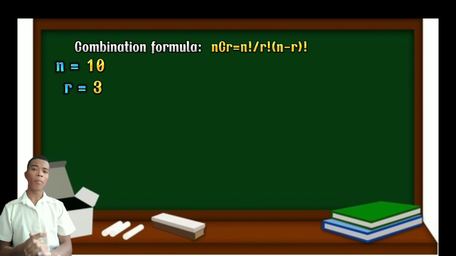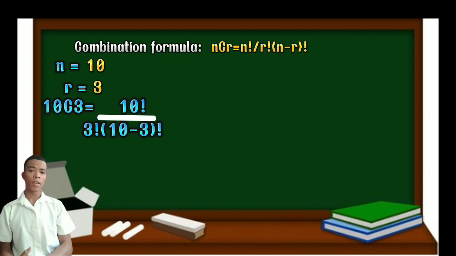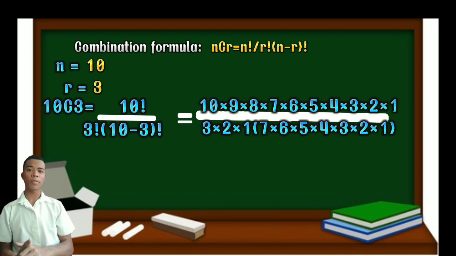Then it becomes 10C3 equals 10 factorial over 3 factorial times 10 minus 3 factorial. So 10 factorial is the same as 10 times 9 times 8 times 7 times 6 times 5 times 4 times 3 times 2 times 1. And 3 factorial is the same as 3 times 2 times 1. Then 10 minus 3 factorial equals 7 factorial.